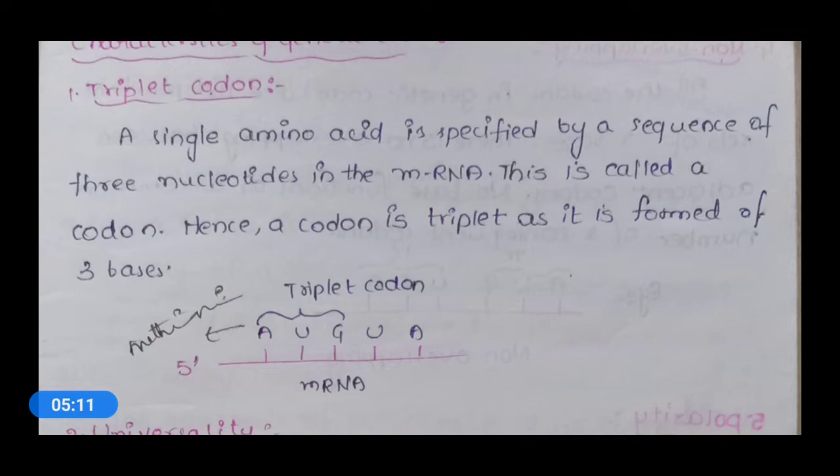Why do we call it a triplet codon? Because there are 3 nitrogen bases in that codon.